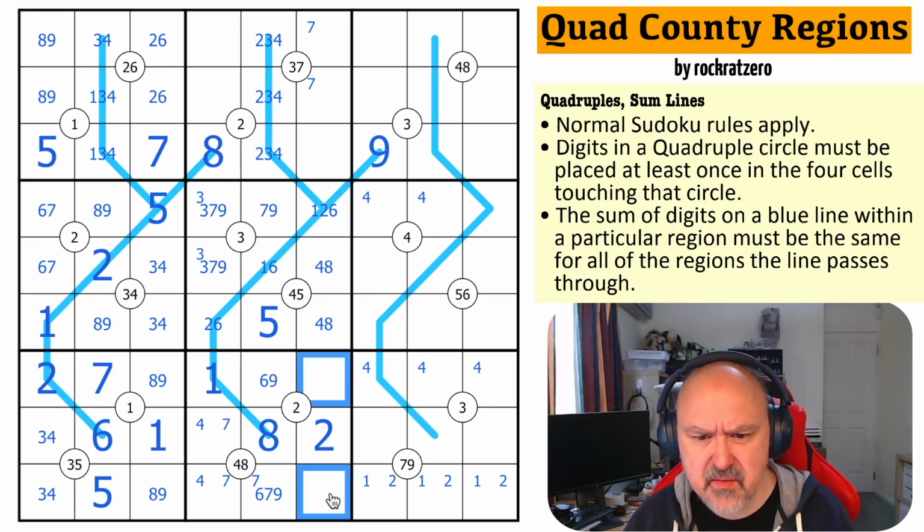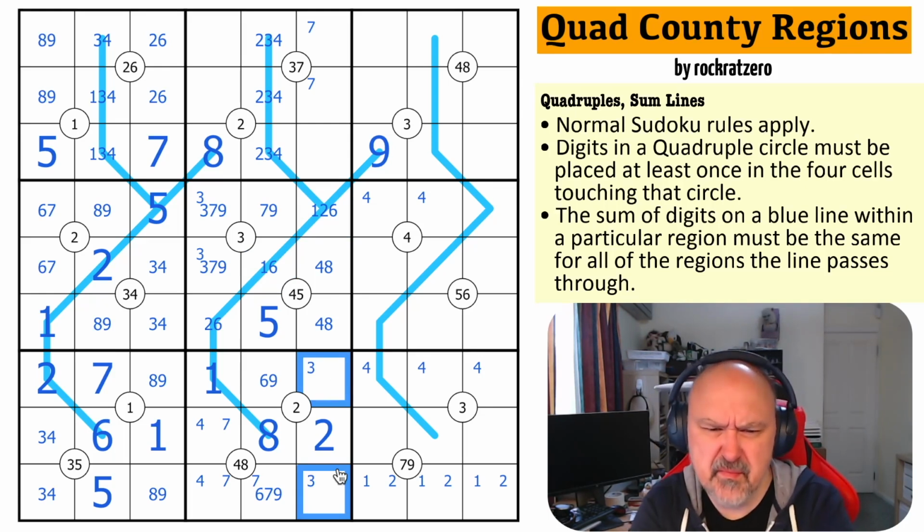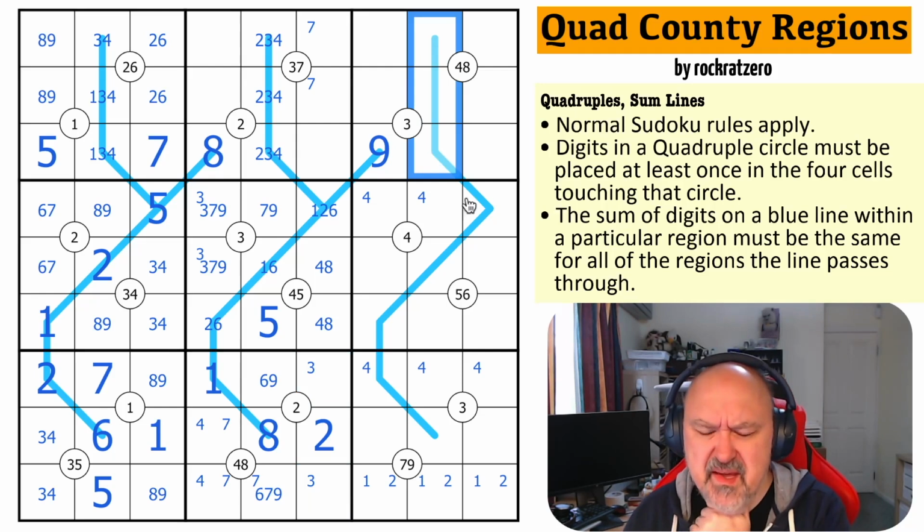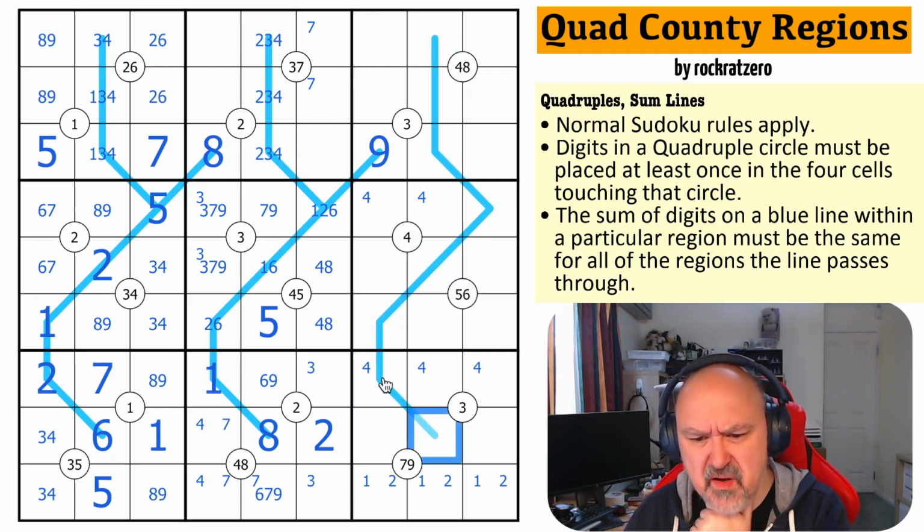The 3 is now in one of those two. I don't... Again, for a 2.5 star puzzle, I don't just want to case all the possible options between 7 and 17 across all of these options.